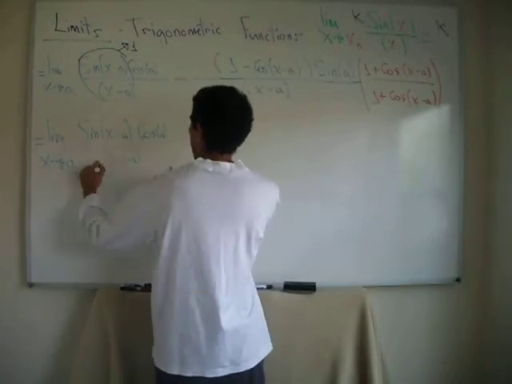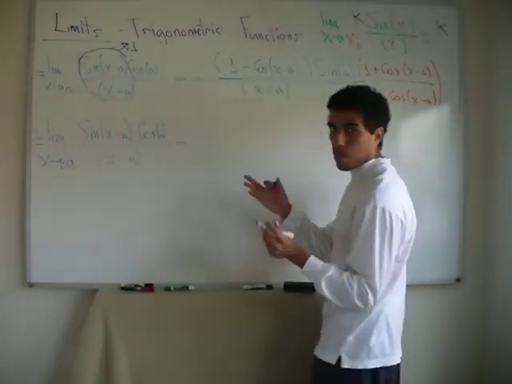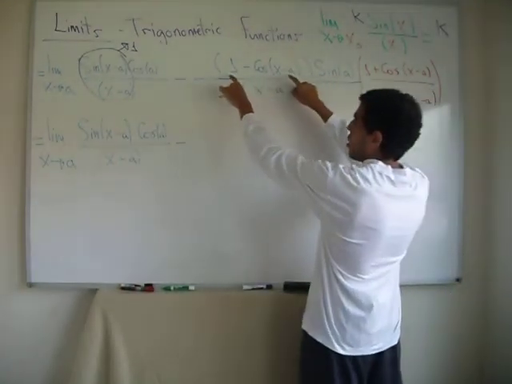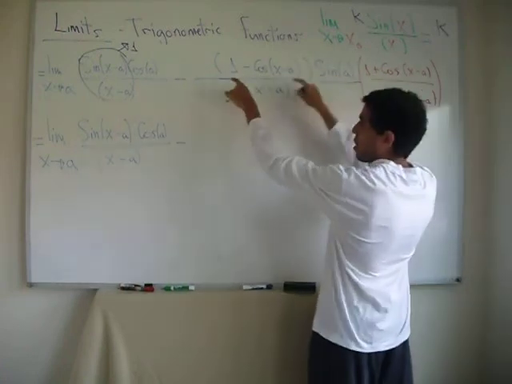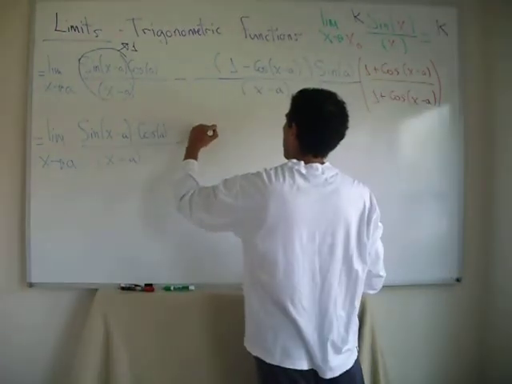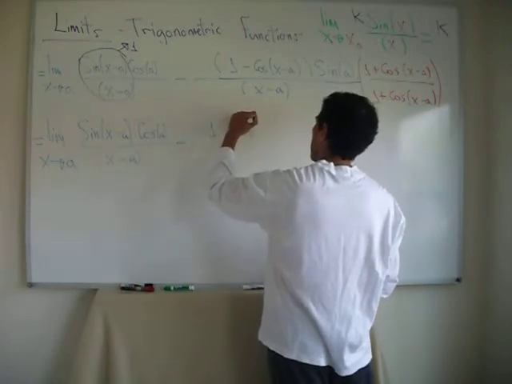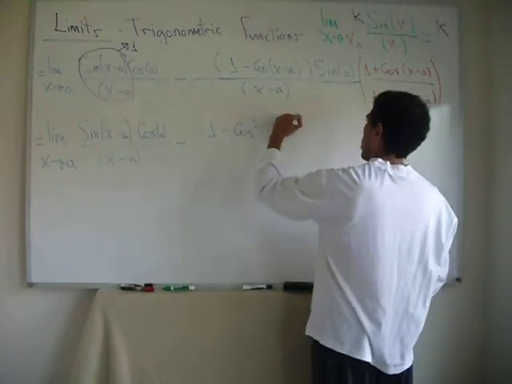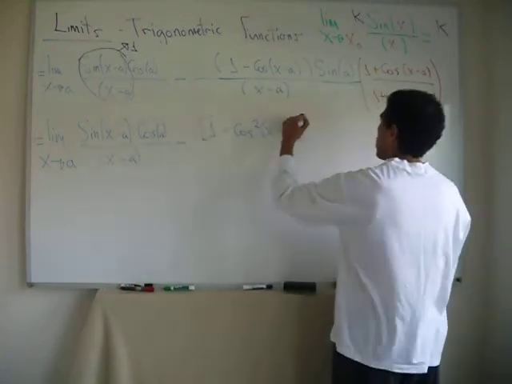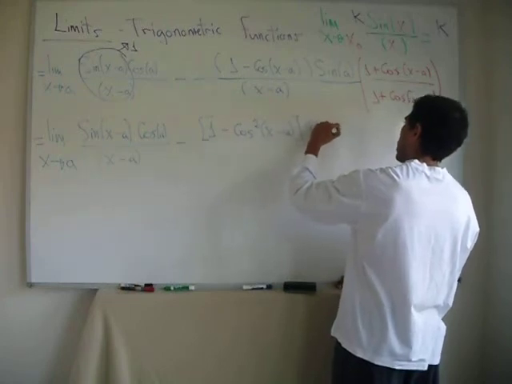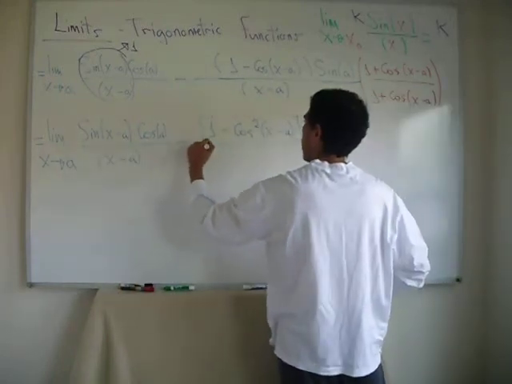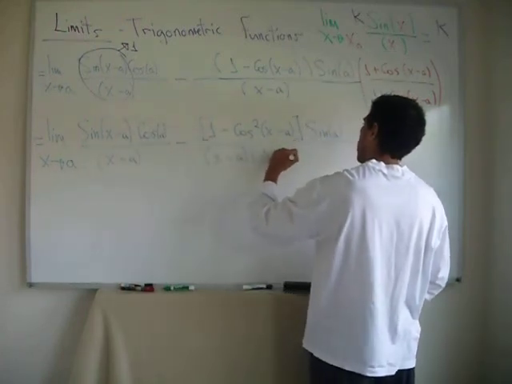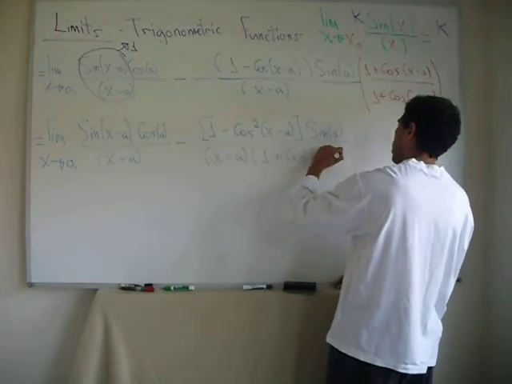Like I said, this is already taken care of, minus, because we did the common factor minus, this times this times this, because the property that we had is going to equal 1 minus cos square of x minus a, right? Multiplying sin of a. And at the bottom, I'm going to have x minus a multiplying 1 plus cos of x minus a.